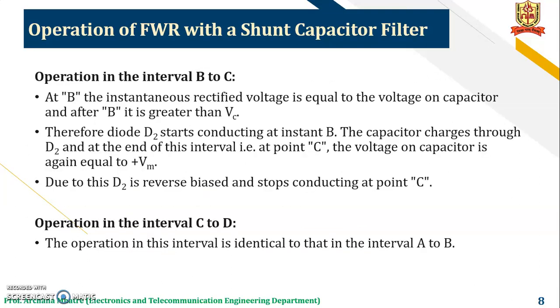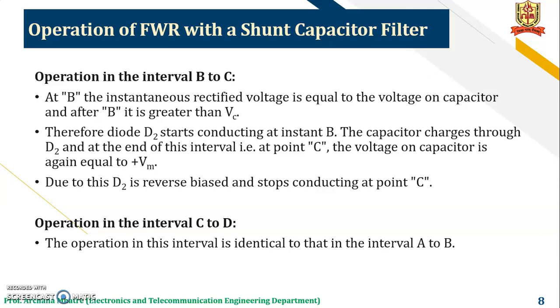Now next operation in the interval of B to C. At point B, the instantaneous rectified voltage is equal to the voltage on capacitor, and after point B, it is greater than Vc.